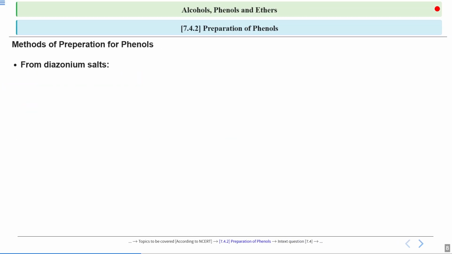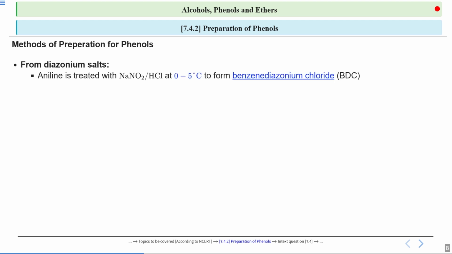Now, if we look at the third method, that is from the diazonium salts. We have covered the diazonium salts, right? So aniline is treated with sodium nitrite, NaNO2, in presence of hydrochloric acid at a temperature range of 0 to 5 degrees Celsius to form benzene diazonium chloride.